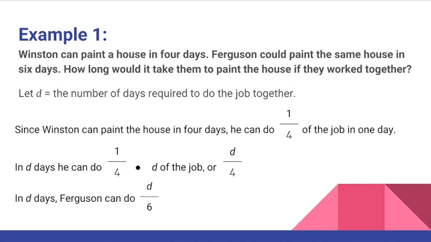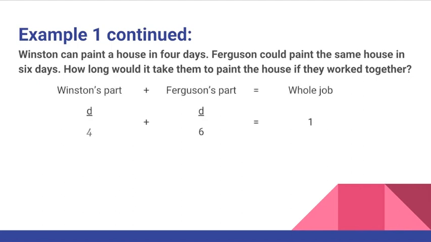Now that we have this set up, we know that the amount Winston does plus the amount Ferguson does is going to equal the total, the whole house. So this is our equation now. We have D over 4 plus D over 6 is equal to 1 whole job. It's pretty easy because our variables are already in the numerator.